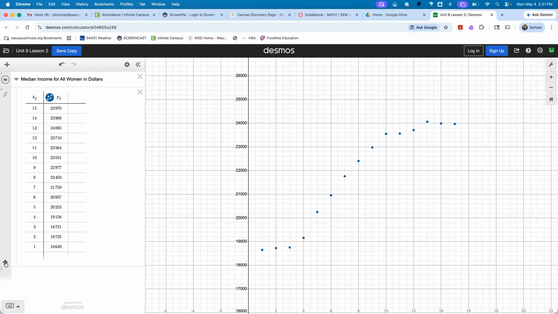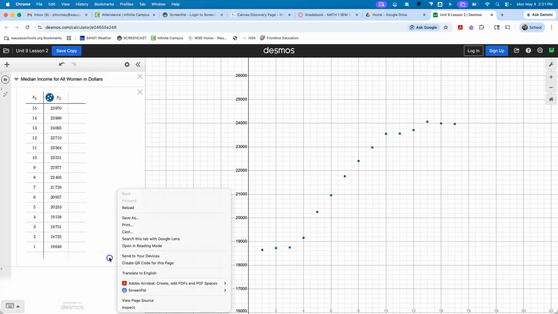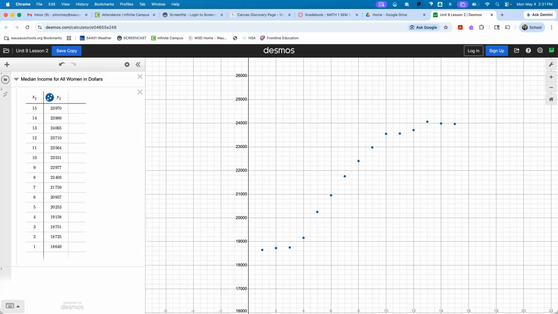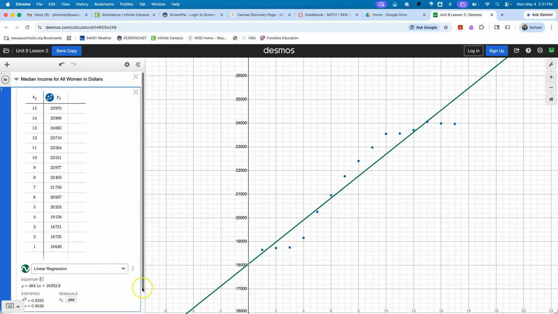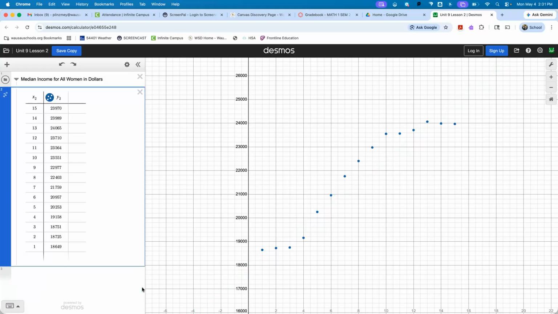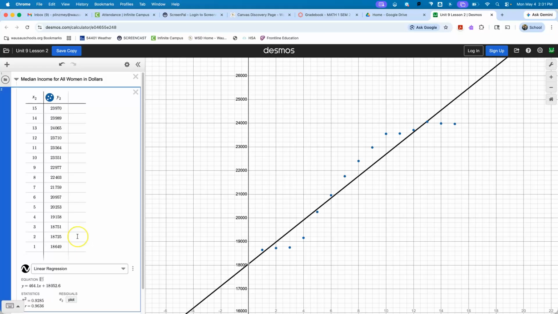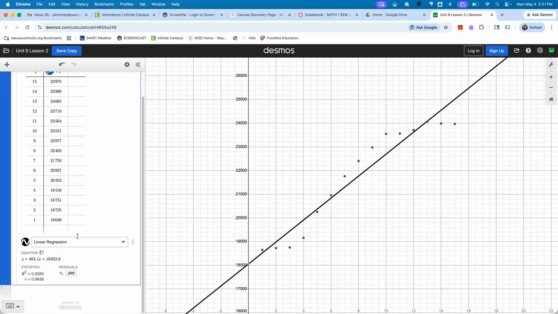Now, oops, the wrong one. There it is. So one way of doing it is, let me see if I can command Z that back out of there. One way of doing it is up here in this corner, it says add a regression equation, and that's going to add in a linear line of regression for us.